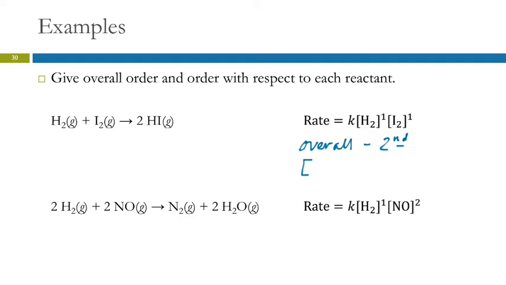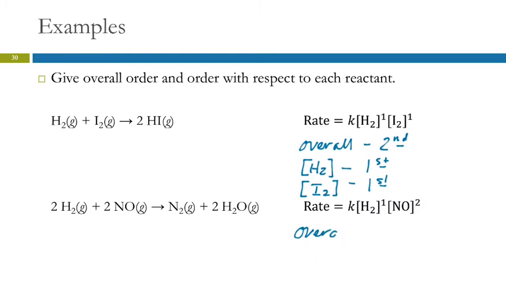With respect to hydrogen, what's the order? 1, or first order. And with respect to the iodine, also first order. So that wasn't too bad. For this reaction, what's the overall order? 3.